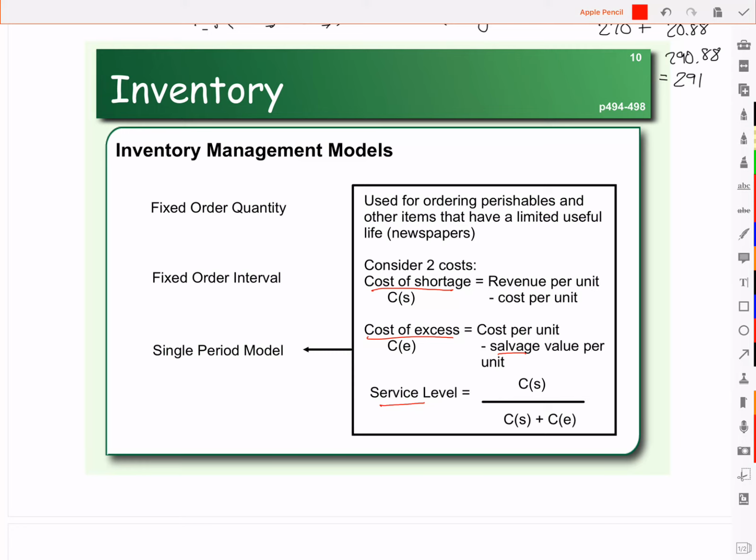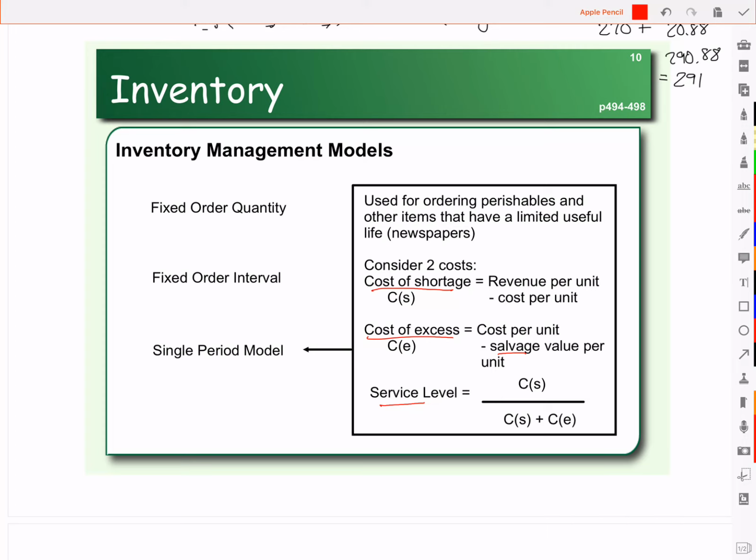the leftovers, okay? If it's going to cost you money to turn that into something else, then your cost of excess can be not only the cost that you paid for the product, but the additional cost to turn it into something else. So for example, let's say you're a grocery store and you have excess apples. The apples start to go bad.